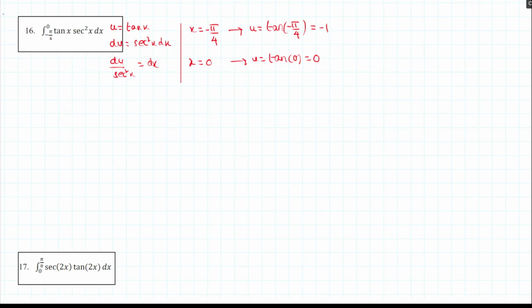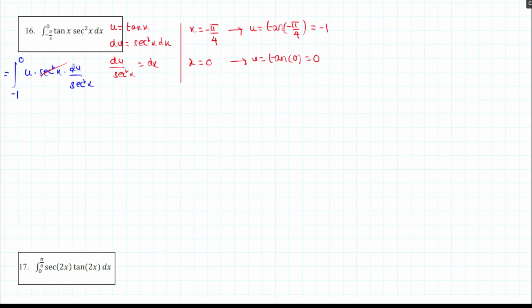So therefore we have this integral becomes: the lower limit negative pi over 4 becomes negative 1, and the upper limit 0 becomes 0, and tan x is u, and secant square x, and dx is du over secant square x.